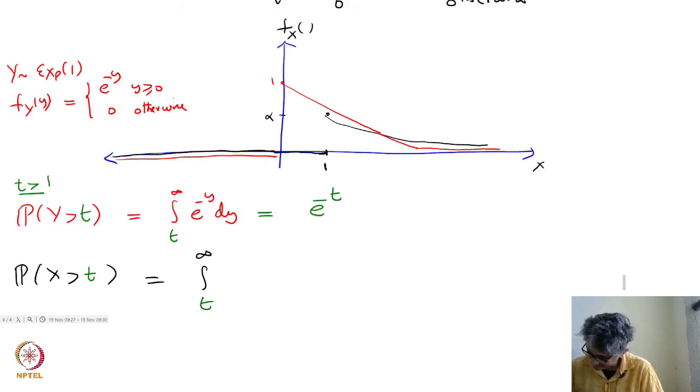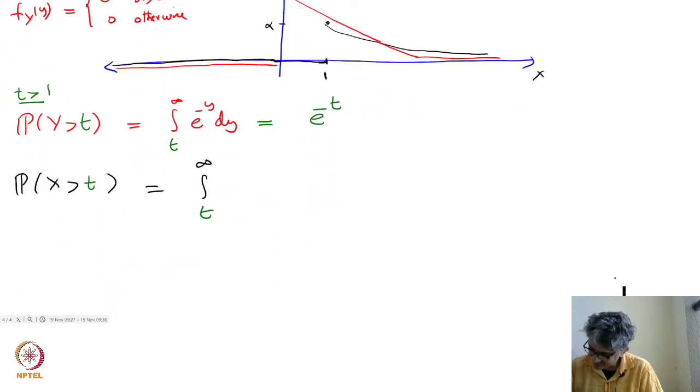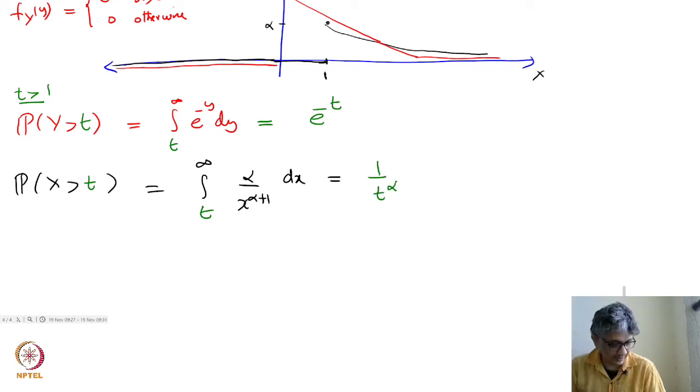Since both calculations are valid, t bigger than 1 gives the integral of alpha over x to the alpha plus 1 dx, and that, if you do a simple calculation, is just 1 over t to the alpha. Very nice.